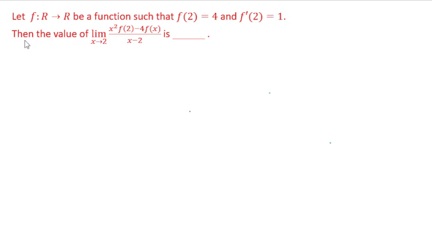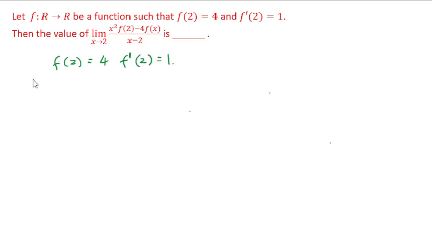And then the value of limit x tends to 2 of x square f of 2 minus 4 times f of x over x minus 2 is dash. So we have to find the value of this limit. Okay, so let us first write the given things. f of 2 equals 4, f dash of 2 equals 1.